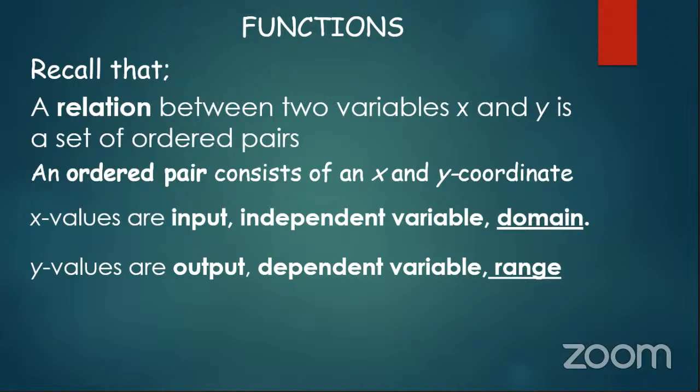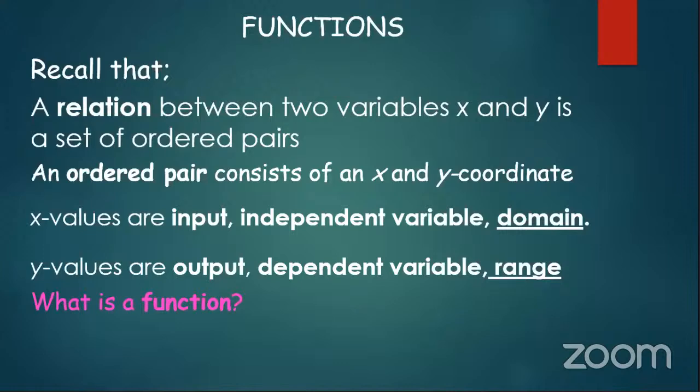And after this, then we ask ourselves what a function is. So one of us had suggested that a unique input gives a unique output. So it is very much similar to this.